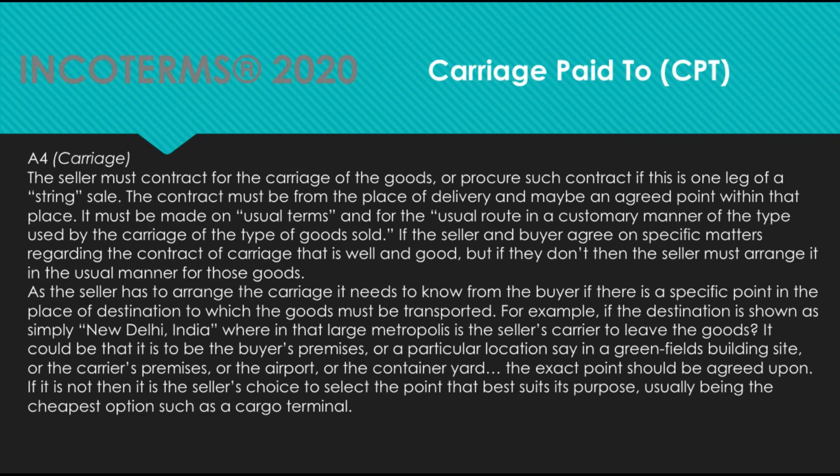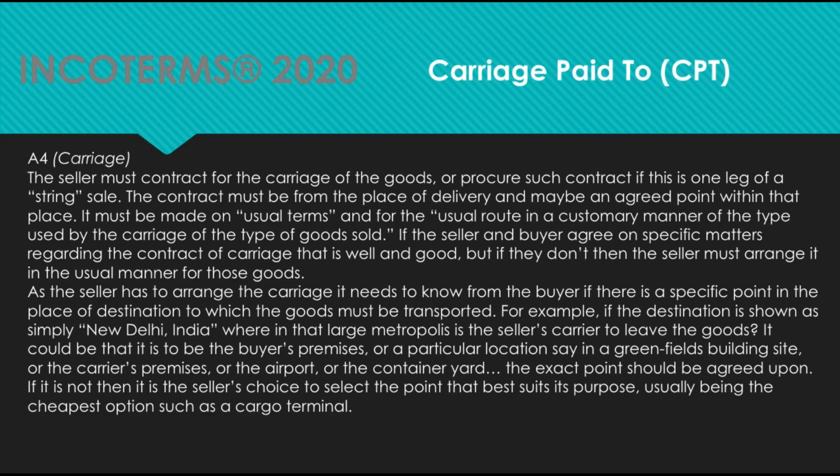As the seller has to arrange the carriage, it needs to know from the buyer if there is a specific point in the place of destination to which the goods must be transported. For example, if the destination is shown as simply New Delhi, India, where in that large metropolis is the seller's carrier to leave the goods?